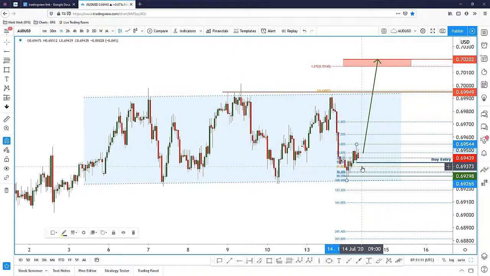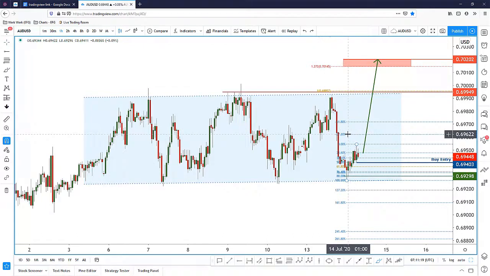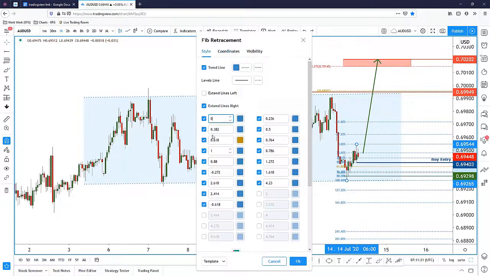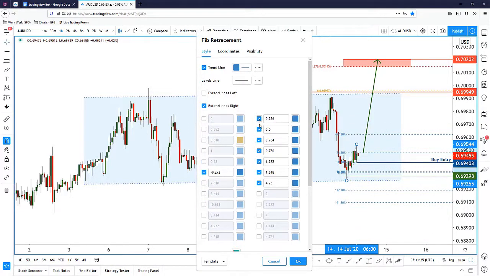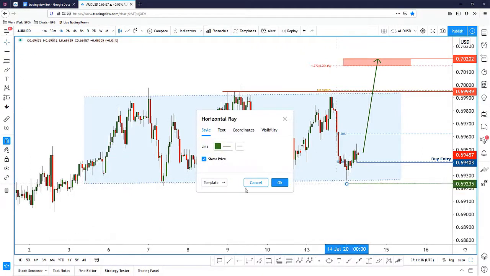If we look carefully, there's also the negative 27, which is at this graphical overlap. So I want to highlight the 50% and the negative 27. It will look something like that, and I'll back this up with my stop loss slightly outside the channel.